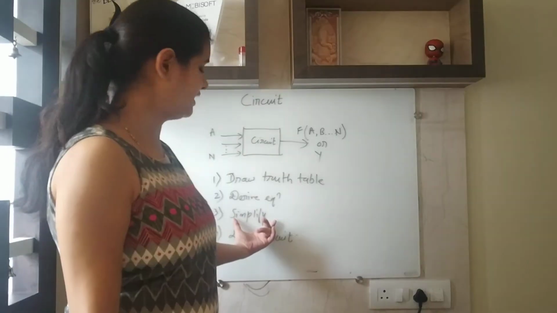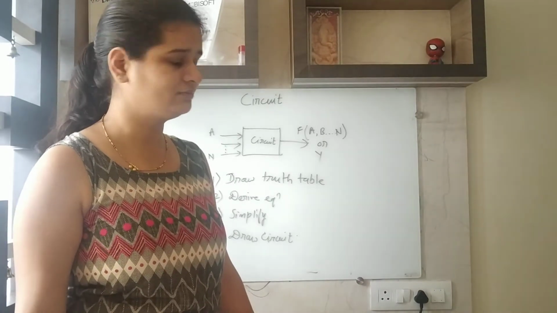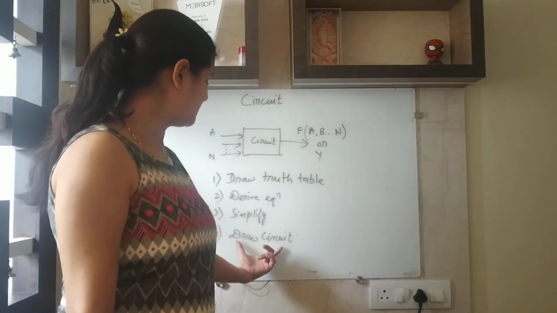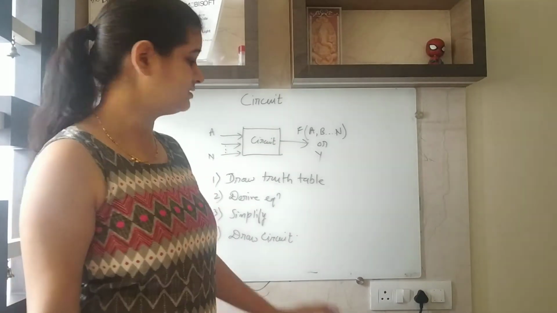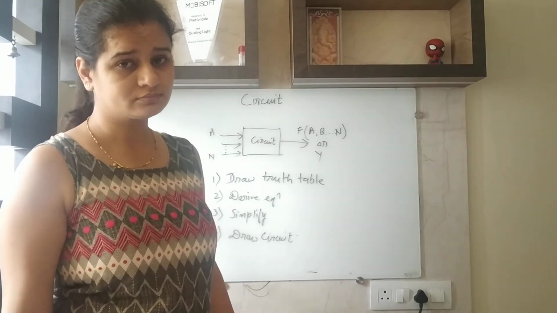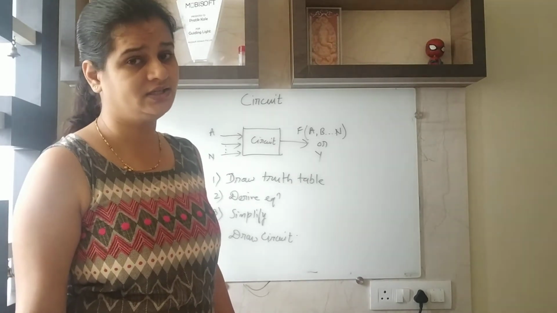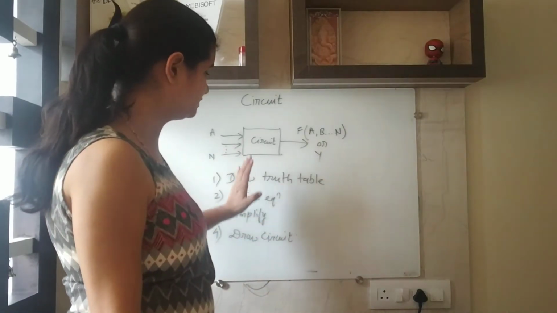Next, we have to simplify that equation by using Boolean laws and De Morgan's theorems. Last, after simplifying the equation, we have to draw the circuit. So those are the 4 steps we require for drawing the circuit, right? So that is what a circuit is and how to draw the circuit.